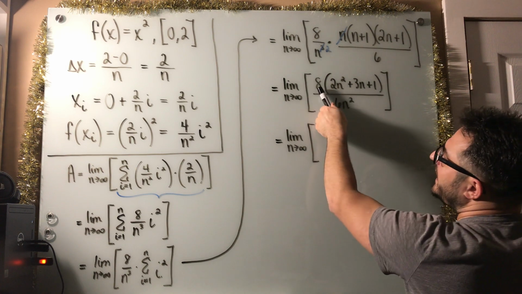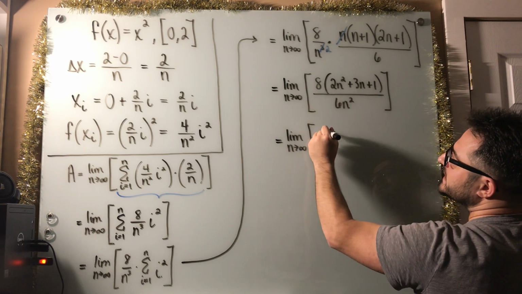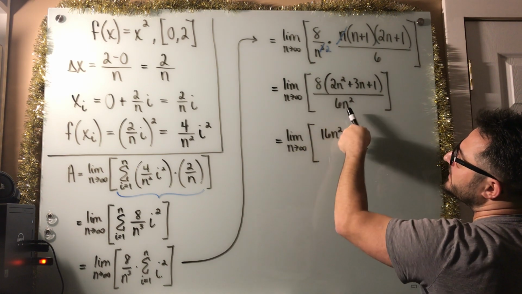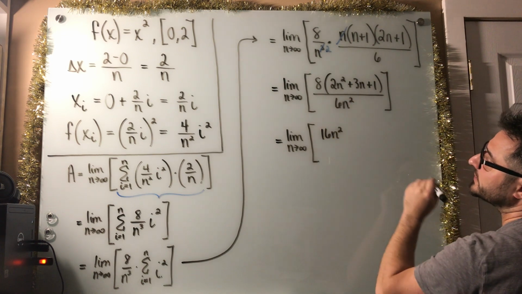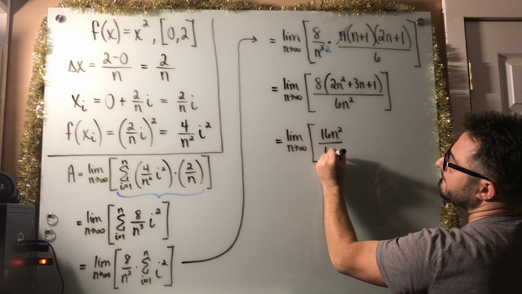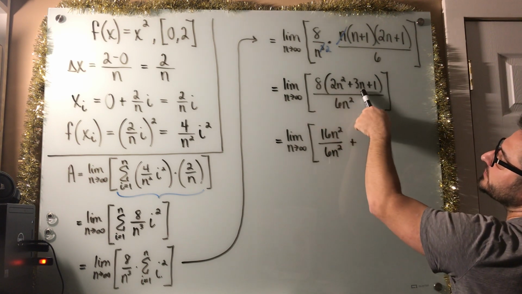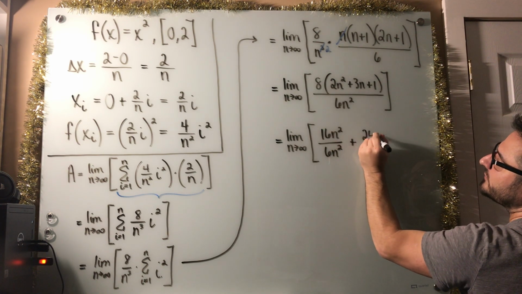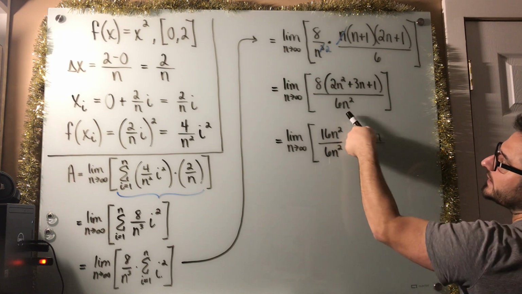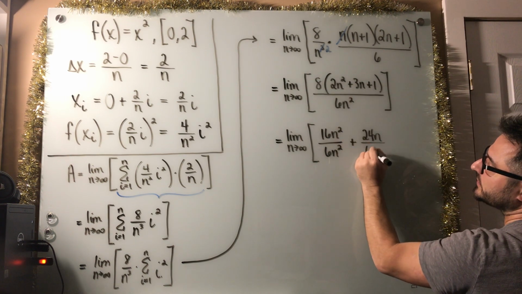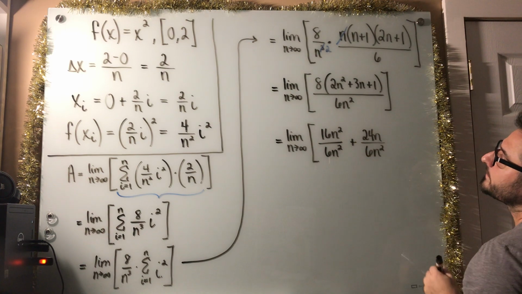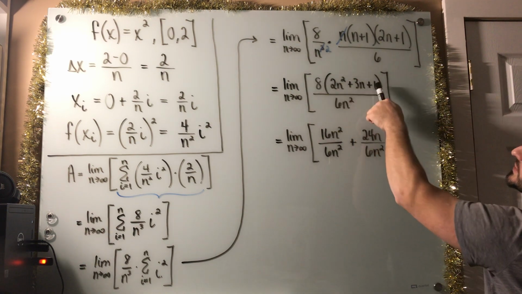So the 8 goes into this, and that becomes 16n squared, but the denominator is also going to distribute to it. The 8 is going to distribute to the 3n and make that 24n, but the denominator is also going to distribute to it. And the 8 will distribute to the 1.